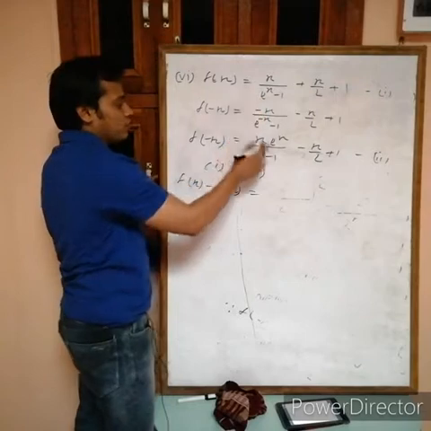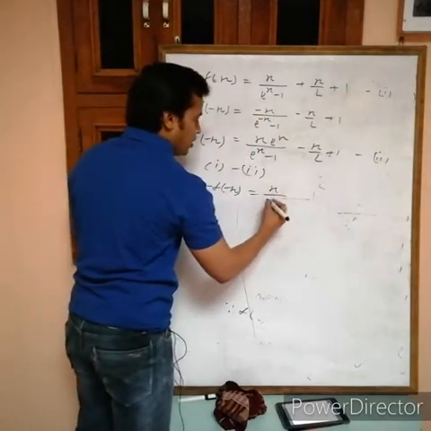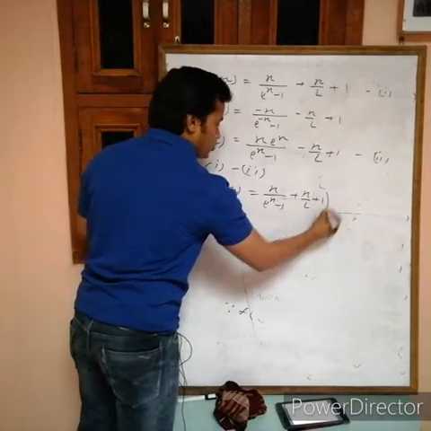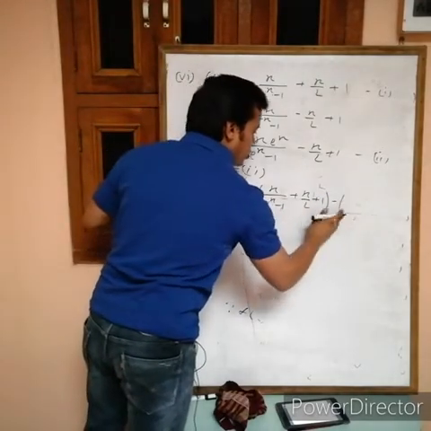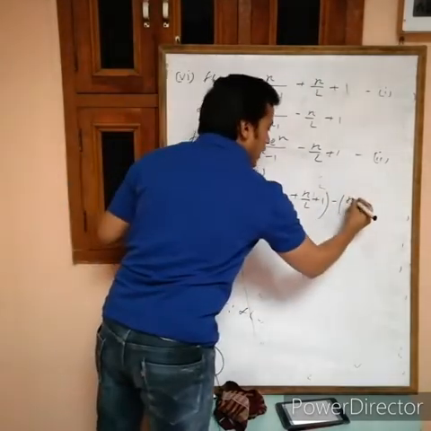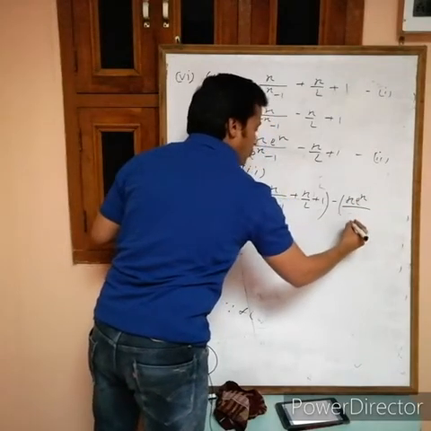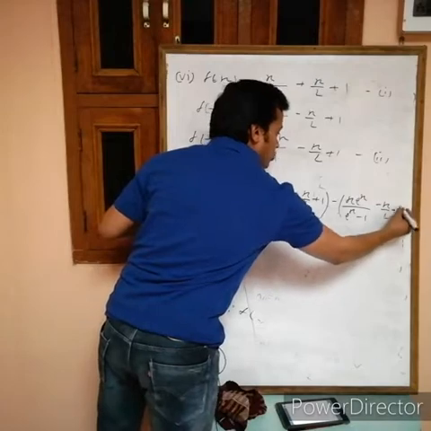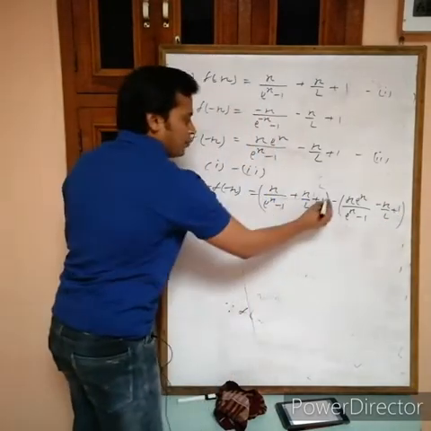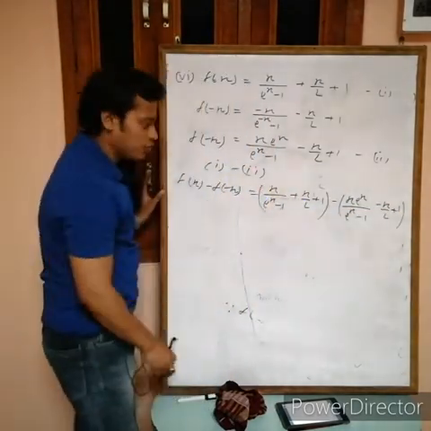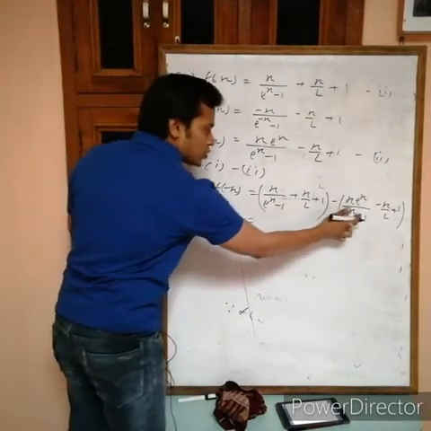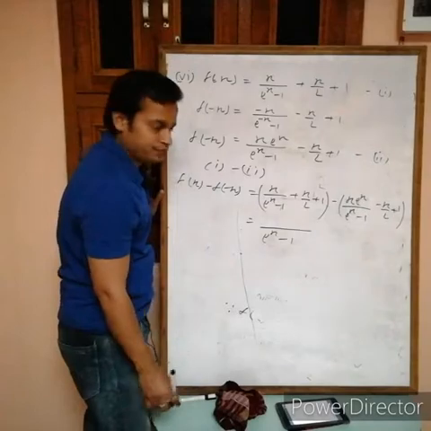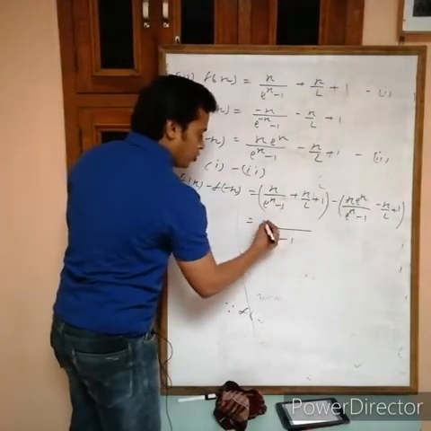Now this one minus this one: x by (e power x minus 1) plus x by 2 plus 1, minus of x e power x by (e power x minus 1) minus x by 2 plus 1. Now see, plus 1 cancels out. In these two I can take LCM e power x minus 1, and also I can take common x.